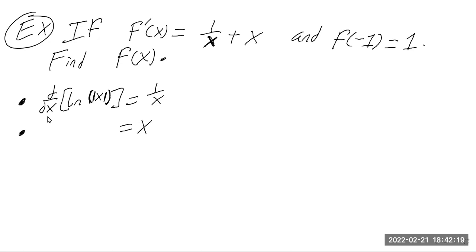Now, what would I differentiate to get x? This is like x to the first power, so what I had over here was x to the second. Reduced by 1, we're back to x to the 1. The 2 would come down as a coefficient, so what's over here must be 1 over 2. So the antiderivative of our second term is 1/2 x squared.